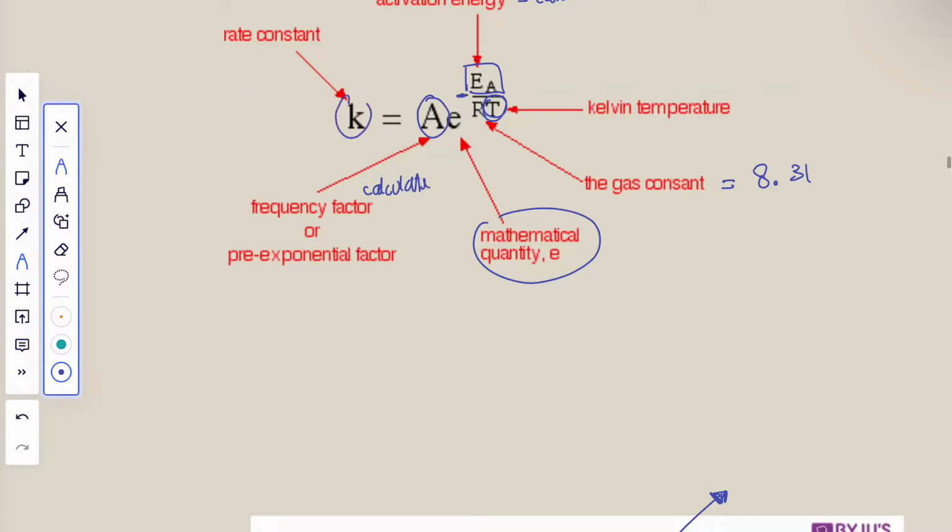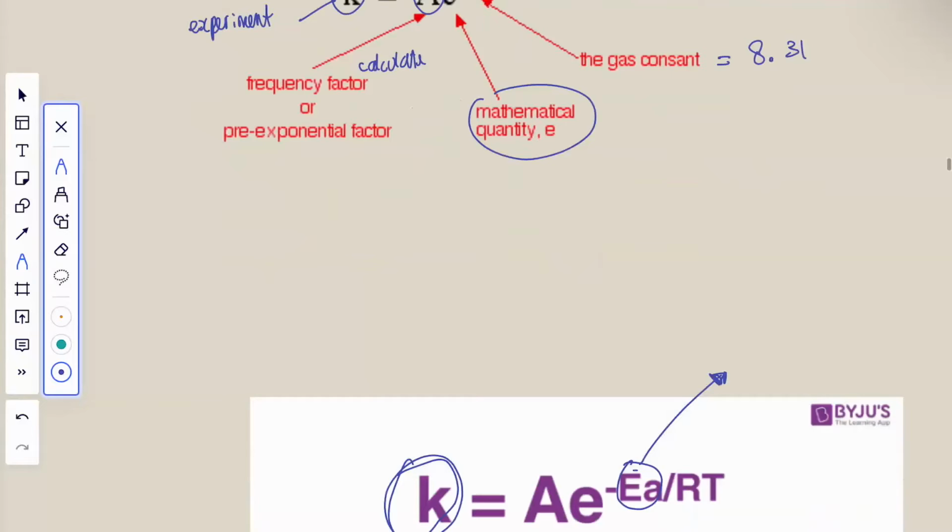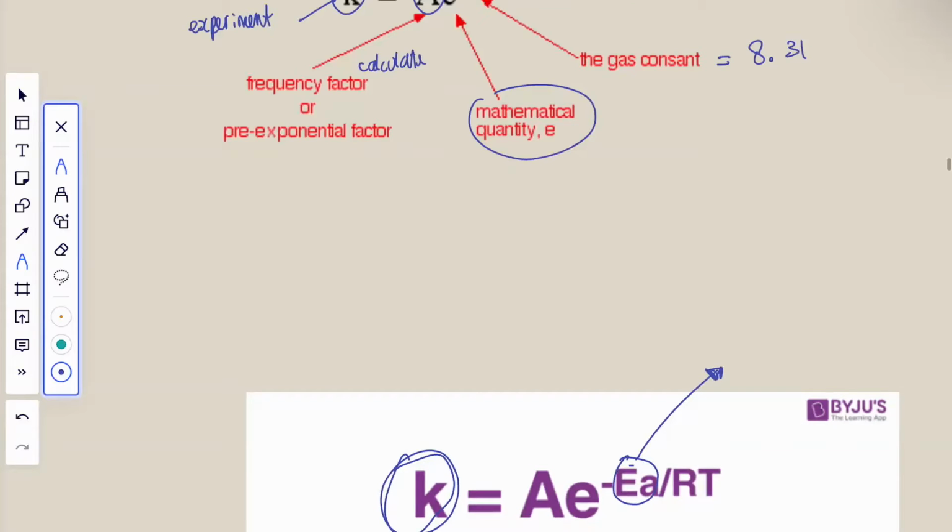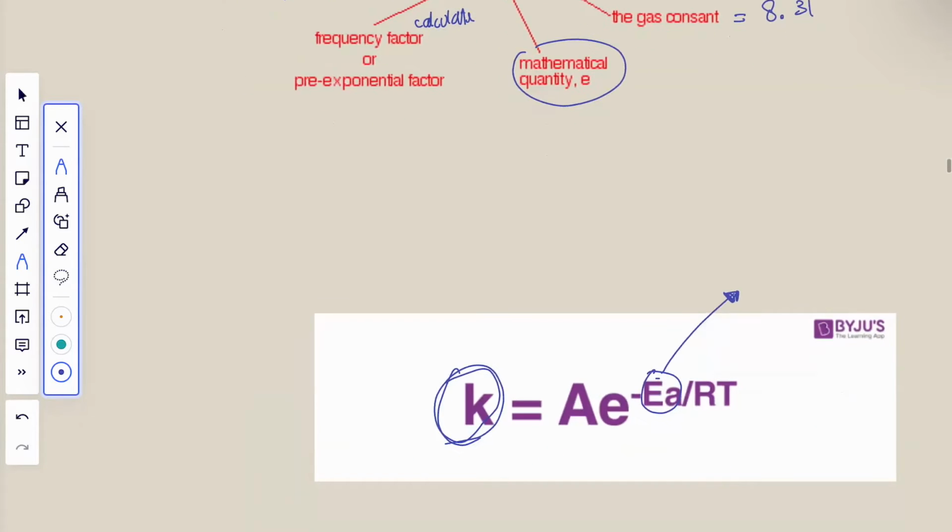Then this rate constant is from experiment. Then the experiment, let me think. Oh, I know.